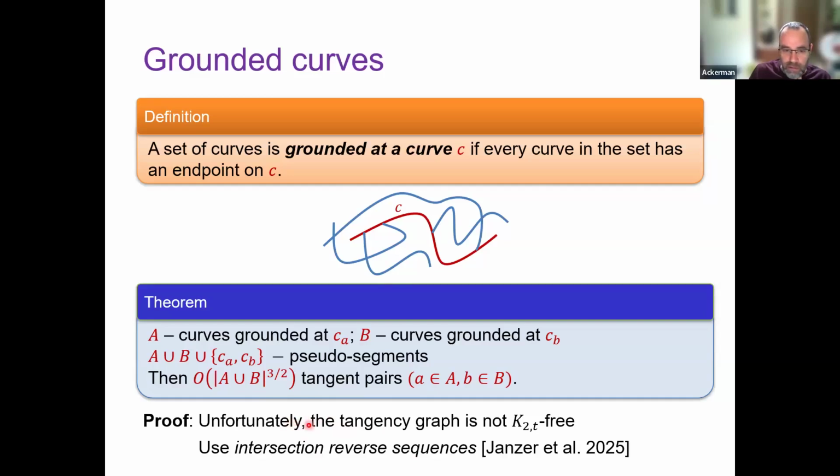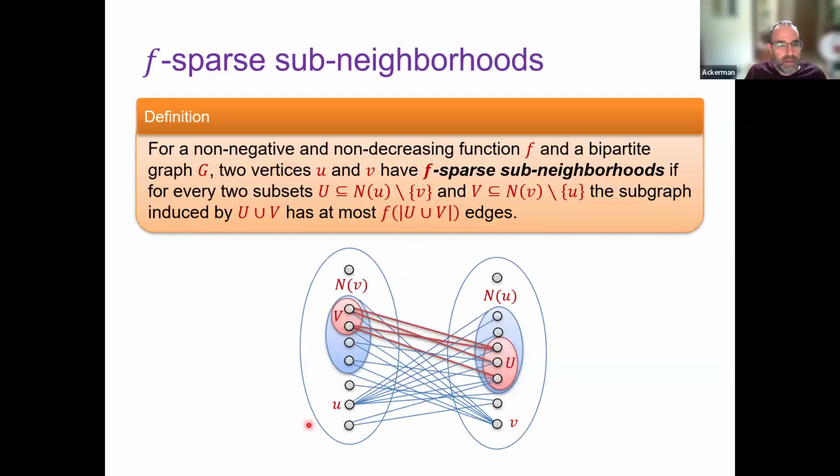And this is actually the reason we needed the other result, the graph theoretical result. So let me describe this result here, and to describe it I need the following definition. We have a non-negative and non-decreasing function f, and we have a bipartite graph G, and we look at two vertices u and v, and we look at their neighborhoods.